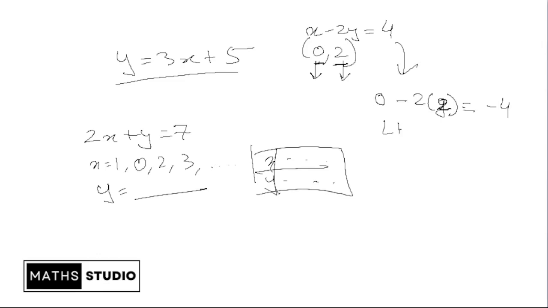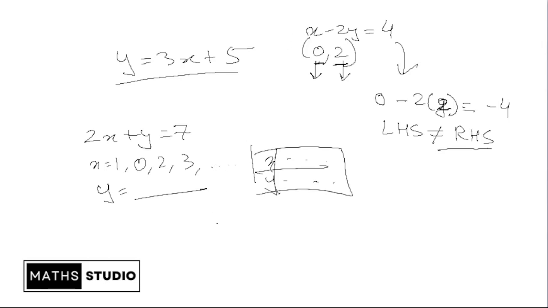So LHS is not equal to RHS. We can check the other solutions also, that 2 comma 0, will it hold true or not? Similarly we can check other values and we'll get the answer which values of x and y will uniquely be a solution to this.